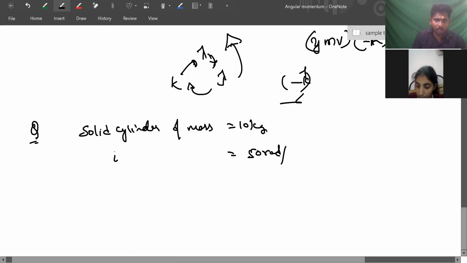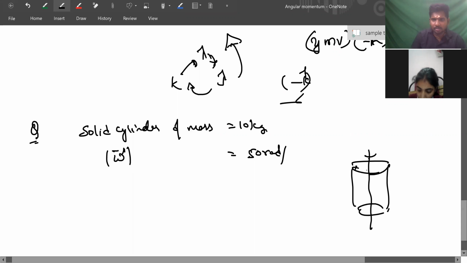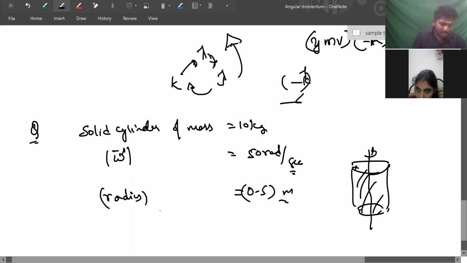That means, if the cylinder is there, about its axis, like this. This is the axis. The radius of the cylinder is 0.5 meters. What is the magnitude of angular momentum of the cylinder about its axis?